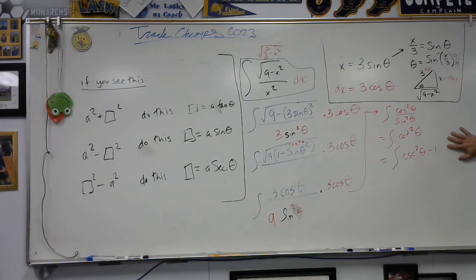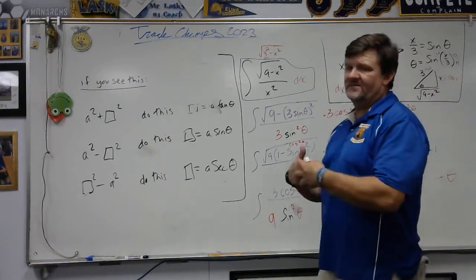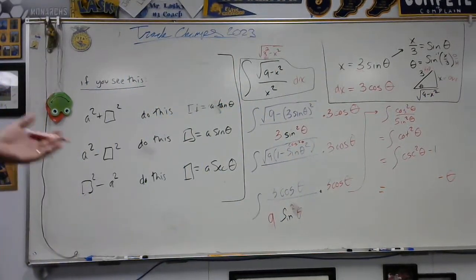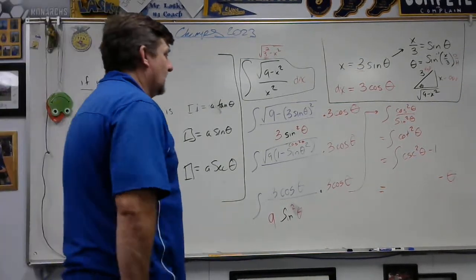That's where I can start working with this piece here. So we're going to take the integral of this, which is going to be theta. And what is the integral of cosecant squared?